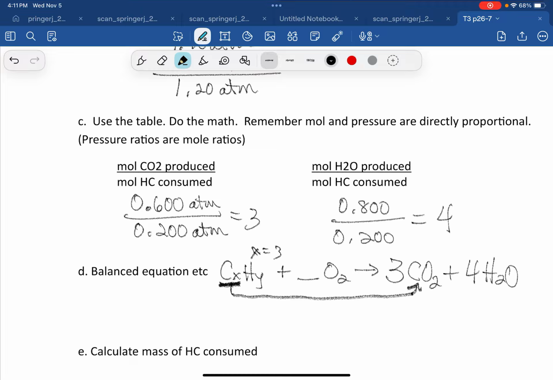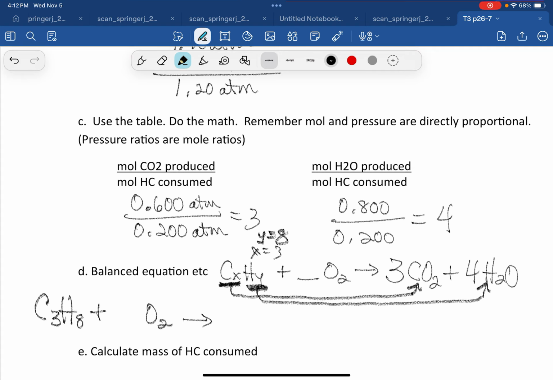And all of this hydrogen here ends up over here. So there's 8 there, so y is 8. So it's C3H8 plus some O2, which we get to determine, makes 3 CO2s and 4 H2Os.